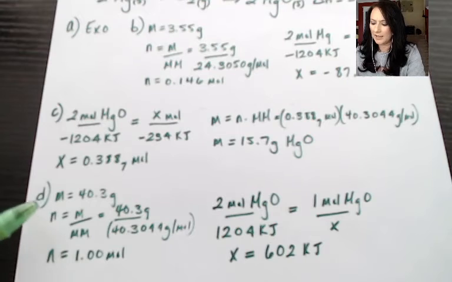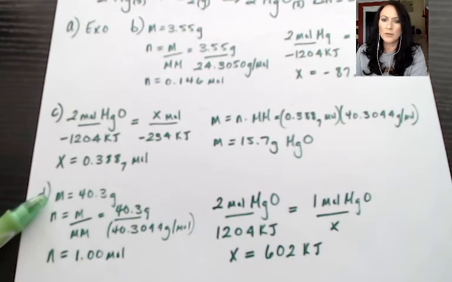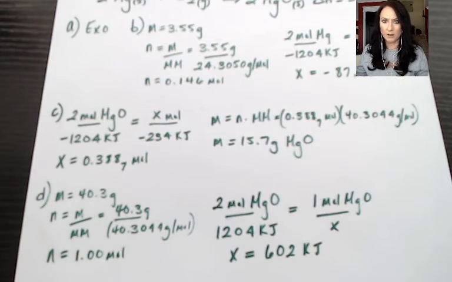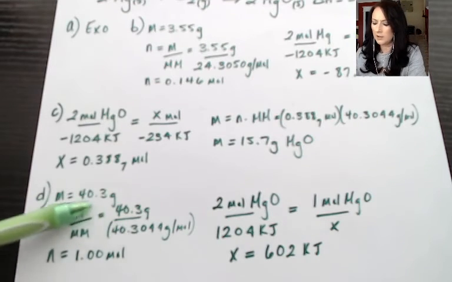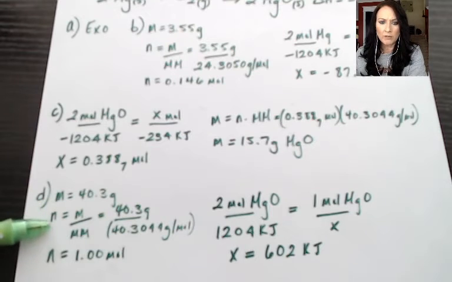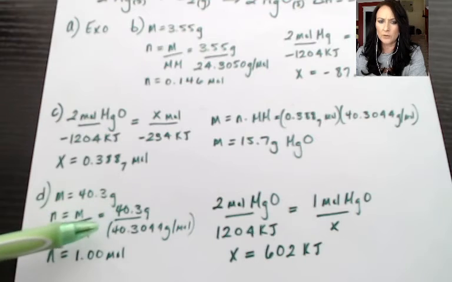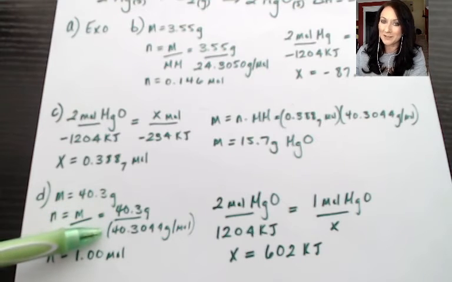Okay, again, I'm starting with grams, 40.3, but I can't do anything with grams because my thermochemical equation, like all equations, is mole-based. So 40.3 grams, changing that to a mole value, mass divided by molar mass, 40.3 divided by the molar mass of magnesium oxide, which coincidentally is 40.3044, so almost exact.